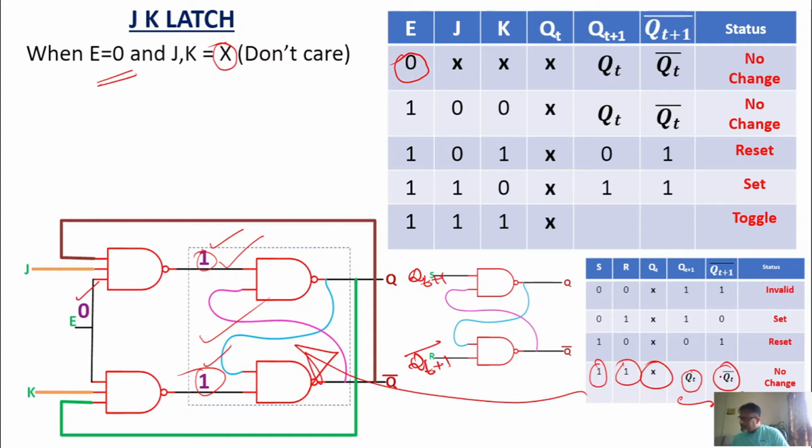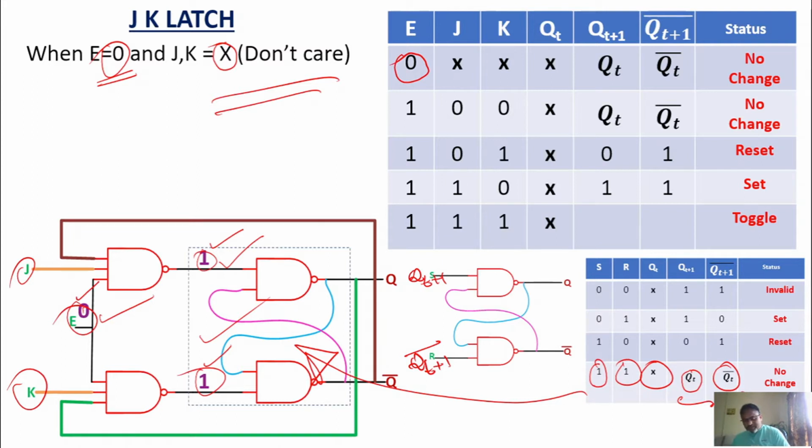That means whatever state remained at Q(t) and Q(t) bar will remain, the moment you make this 0, and whatever be the input of J and K to this terminal. That means giving enable equal to 0, and J and K can be anything, don't care, this JK flip-flop retains its output.